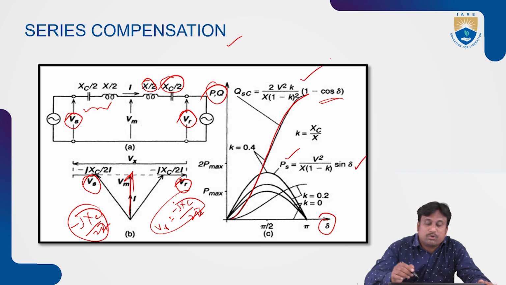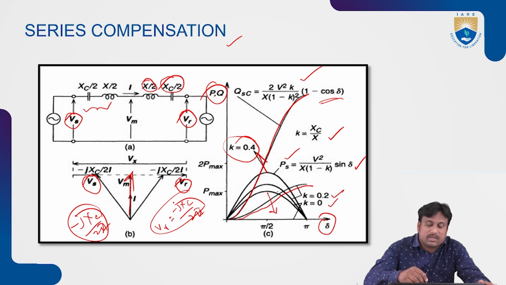The reactive power coefficient is 2V square k by x into 1 minus k whole square into 1 minus cos delta. Here it influences the parameters with one value k, that is 0.4, where k is xc by x, and in some cases the k value may drop to 0.2 and 0.